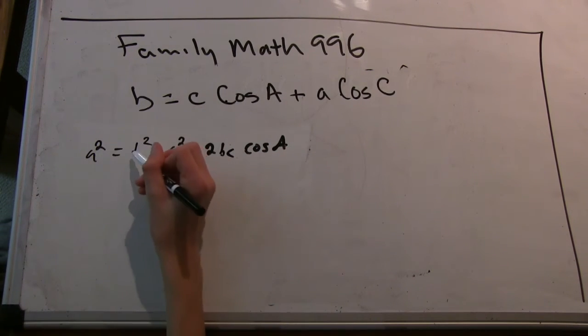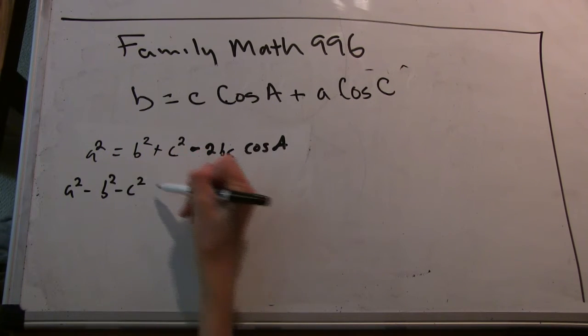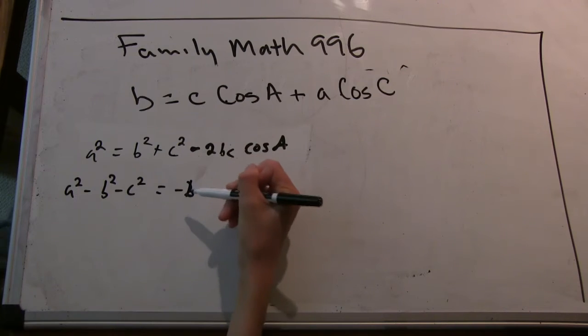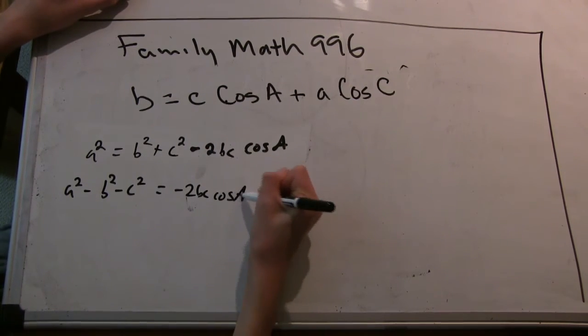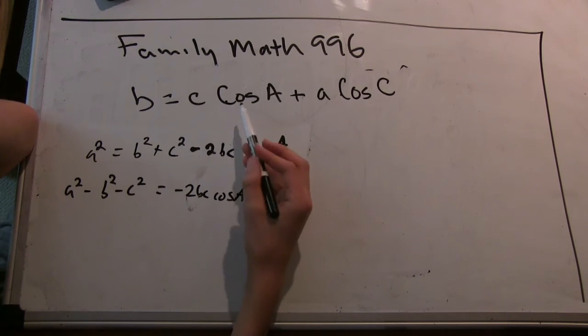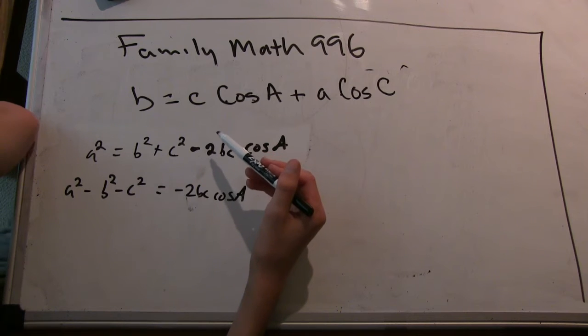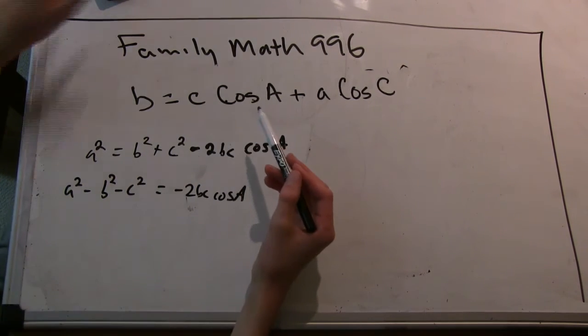We move b squared and c squared to this side. It's 2bc cosine A. And now, instead of just finding an expression for cosine A, we could find the expression for c cosine A and make the problem even more simple.